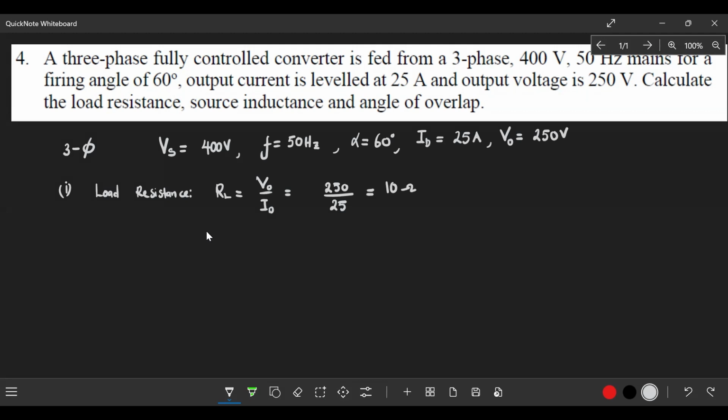And then part 2, we have to find the source inductance. So how do we calculate the source inductance? We have to use the equation.